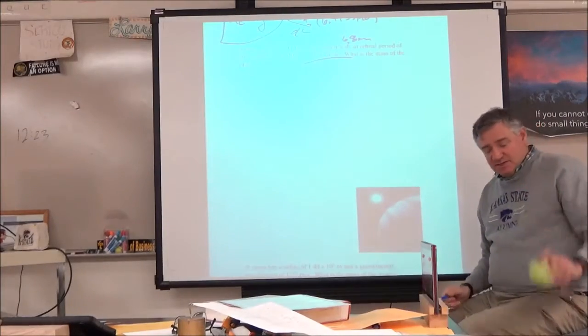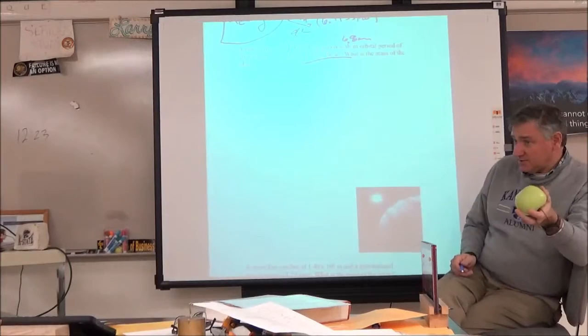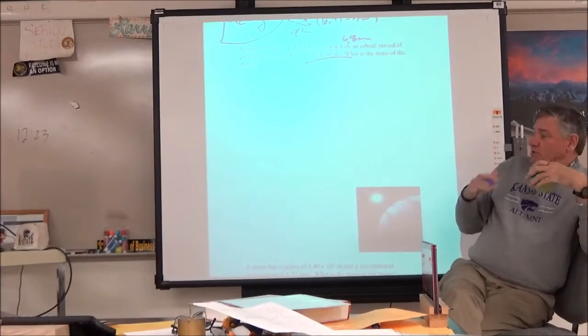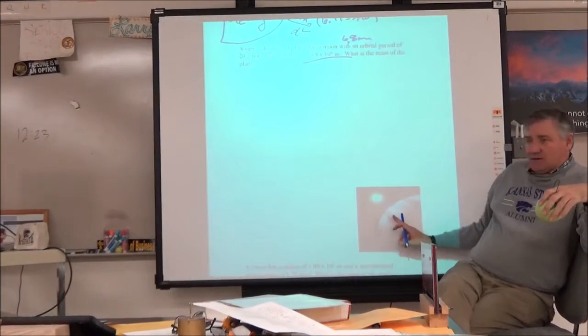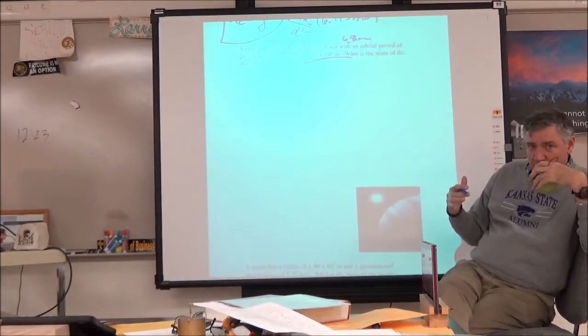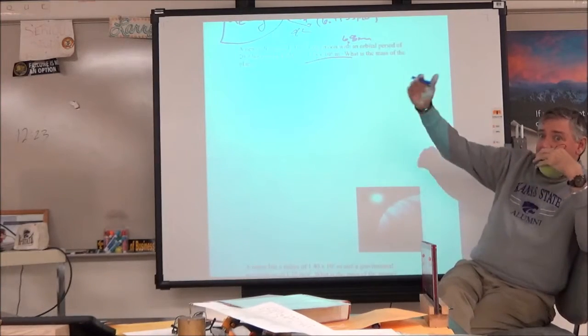Now, here's the deal. You have to also watch the terminology. When I say it's the orbital radius, you don't have to add in the radius of the planet. If I tell you that's the orbital radius, that is the distance from the center out.